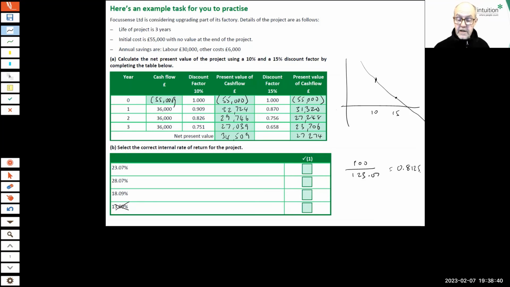So this is going to give us 29,251, 23,768, and 19,331 with rounding. So we've still got 55,000 minus.